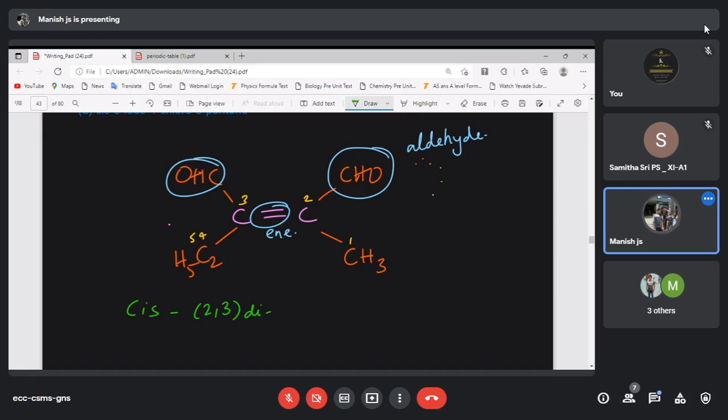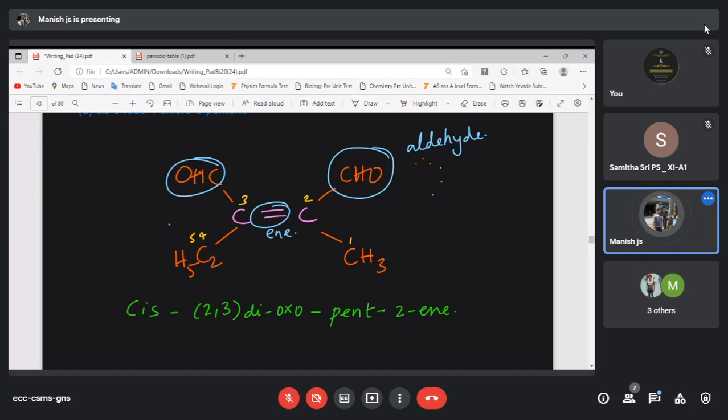Aldehyde prefix is also oxo. Oxo தான் ketone என்ன prefix இருக்கோ same prefix is applicable for aldehyde also. So ketone வந்து நீங்க keto வேணா யூஸ் பண்ணிக்கலாம் for differentiating. Okay, so it is same as oxo. So dioxo, 2,3 dioxo pent-2-ene. This is the name. Cis 2,3 dioxo pent-2-ene is the name.